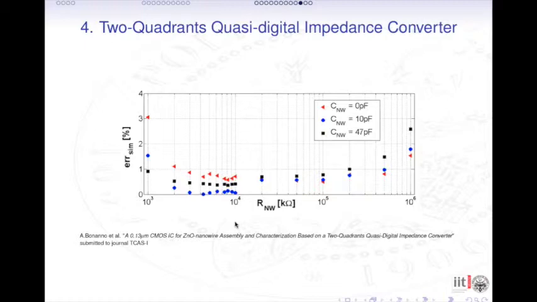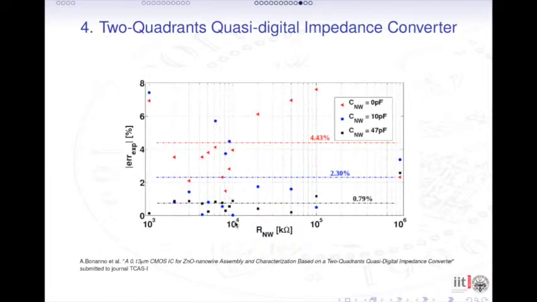This picture shows that the measurement error is always lower than 3%, and in most of the resistive range it is below 1%. These are the experimental results regarding the measurement error.